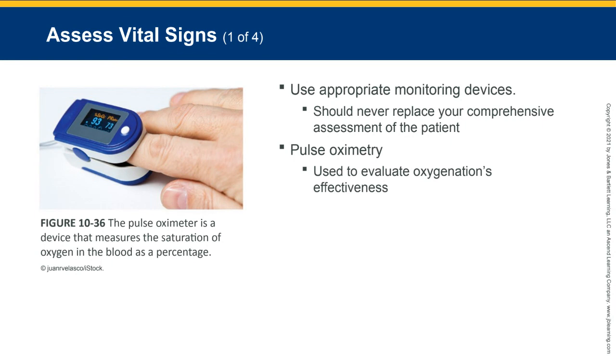Very important. Now, pulse oximetry is not exclusive to medical patients. You can use it with your trauma, but it's a very important tool for your medical patients who you deem require some type of oxygen administration.